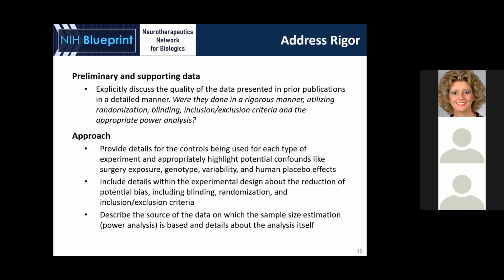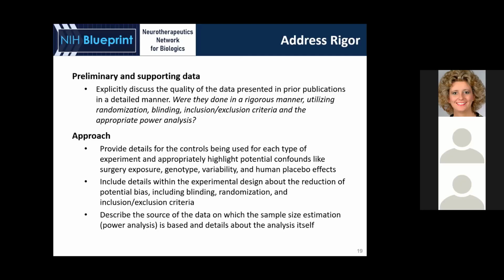Within the approach, make sure to provide details for the controls being used for each type of experiment and appropriately highlight potential confounds like surgery exposure, genotyping variability, human placebo effects, right? So the best defense is a good offense. So prepare wisely.